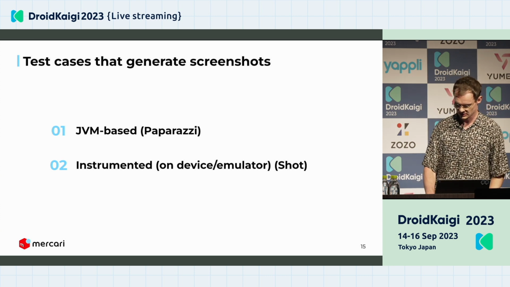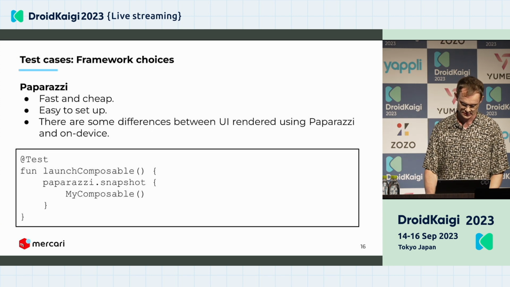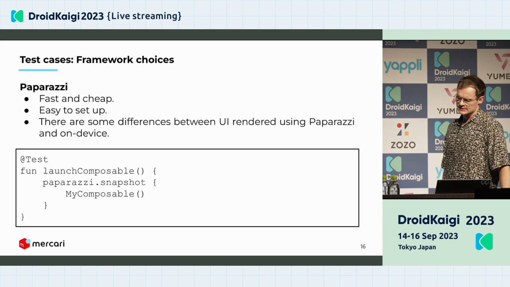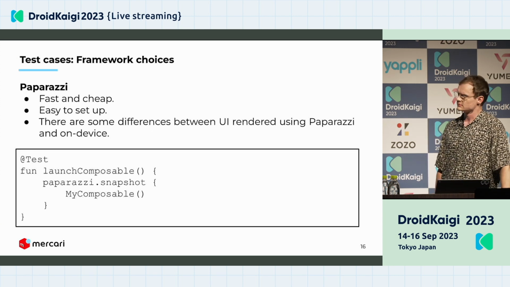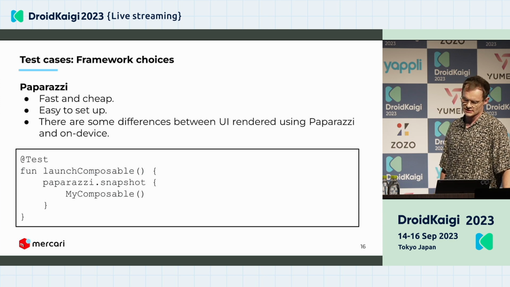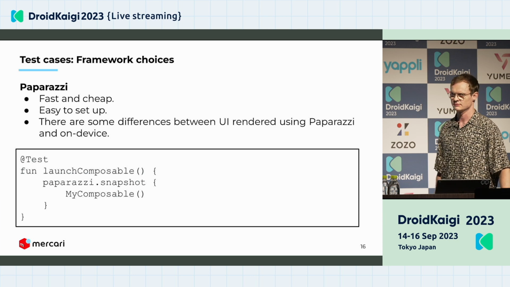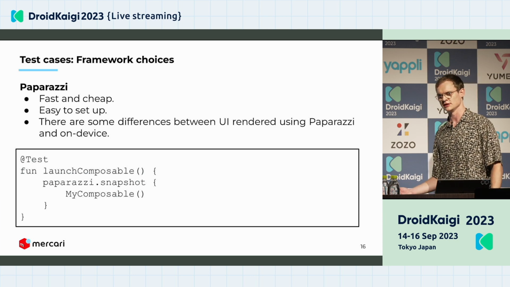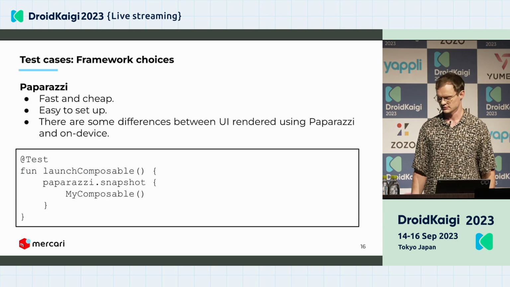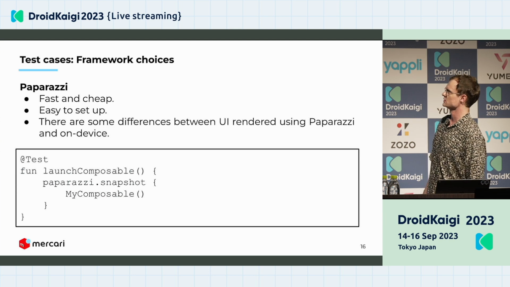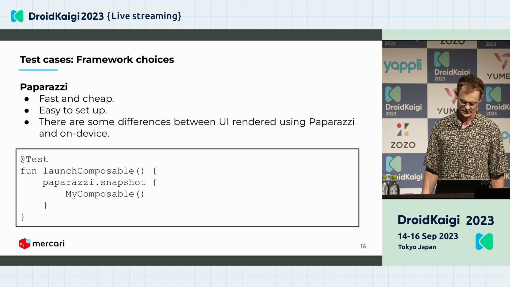So let's take a look at their high-level properties. Since JVM-based test cases run on your own computer, they're really easy to set up. It's as easy as pulling in some dependency and then using a JUnit test rule, and that's pretty much it.